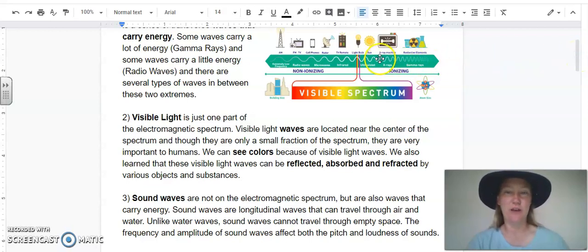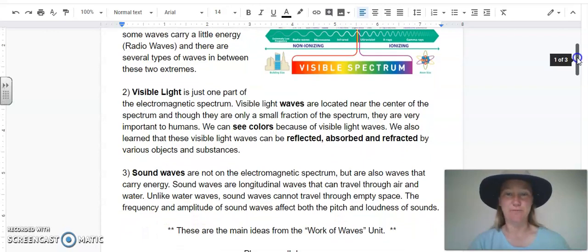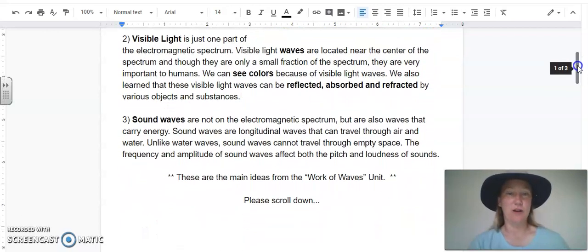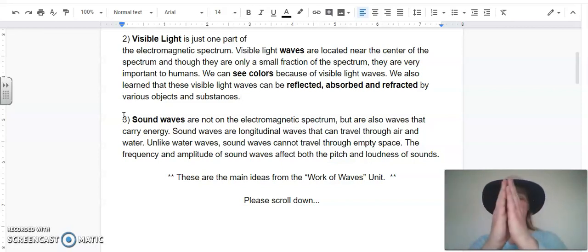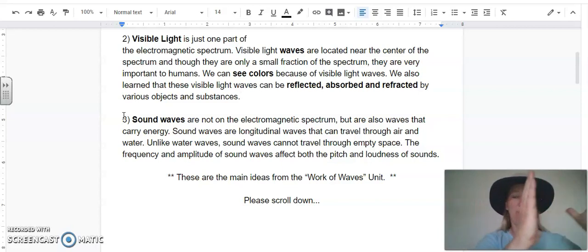These other waves, we can use tools to see them, and we know they're there from different tools that we use, but we cannot see them with our eye. And then the last part, it's not on that spectrum, but it's a wave as well. It's called a sound wave. These are also carrying energy, but they do it in a longitudinal way, so they act more like this.